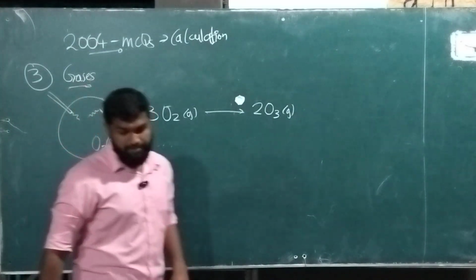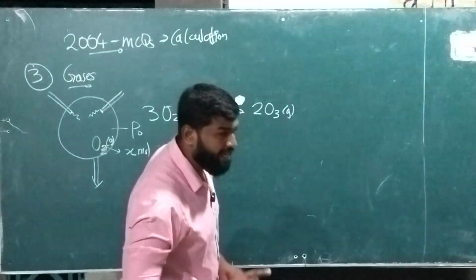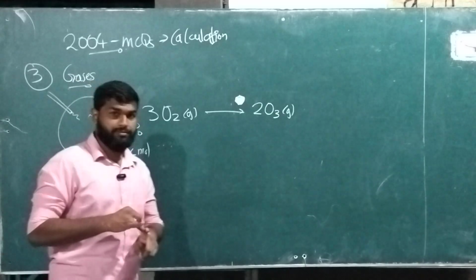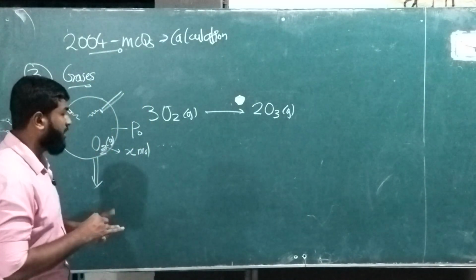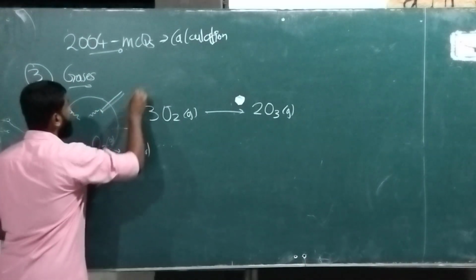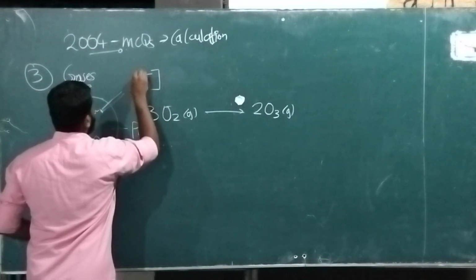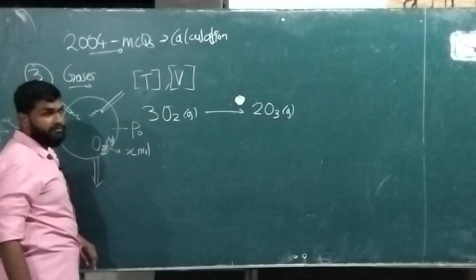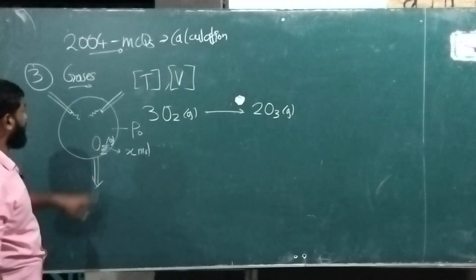See here in the question itself, they didn't say anything about the volume change or the temperature change. So you have to consider in this MCQ that the temperature and the volume are constant. A very simple MCQ.